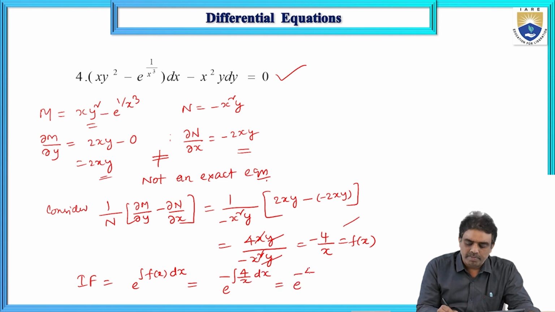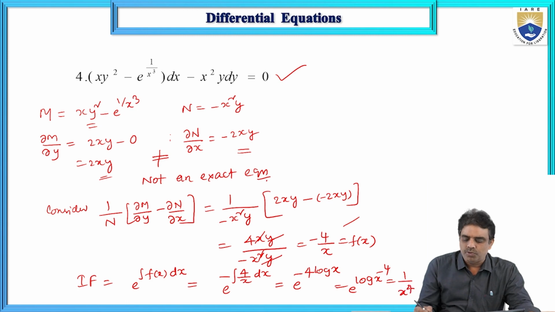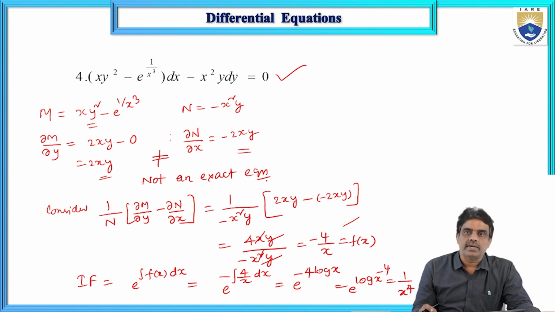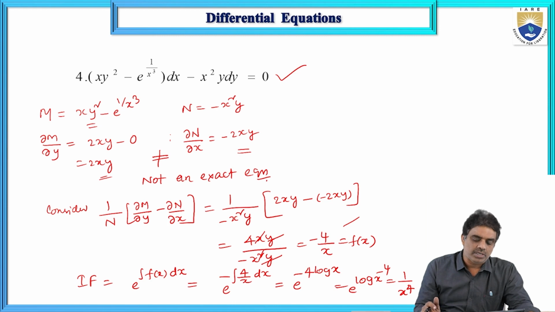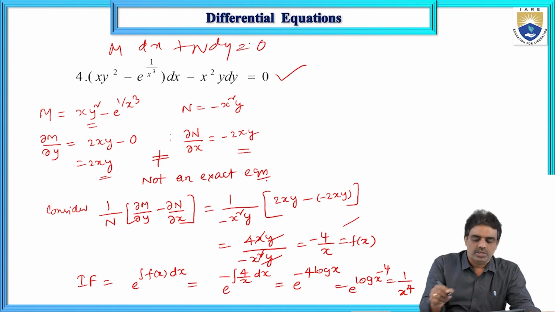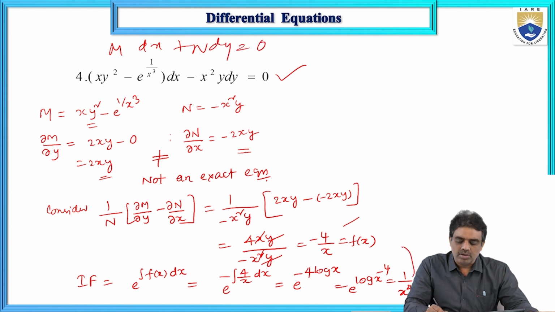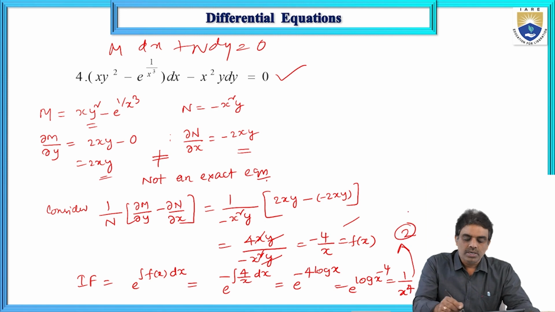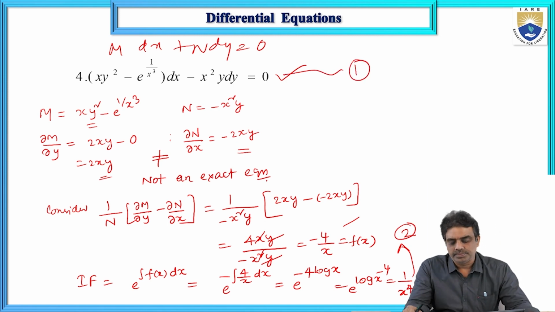This is e^(−4 log x), or e^(log x^−4), or 1/x⁴, which is the integrating factor of the differential equation M dx + N dy = 0. This is the form M dx + N dy = 0, and this is equation number 2 and this is equation number 1.